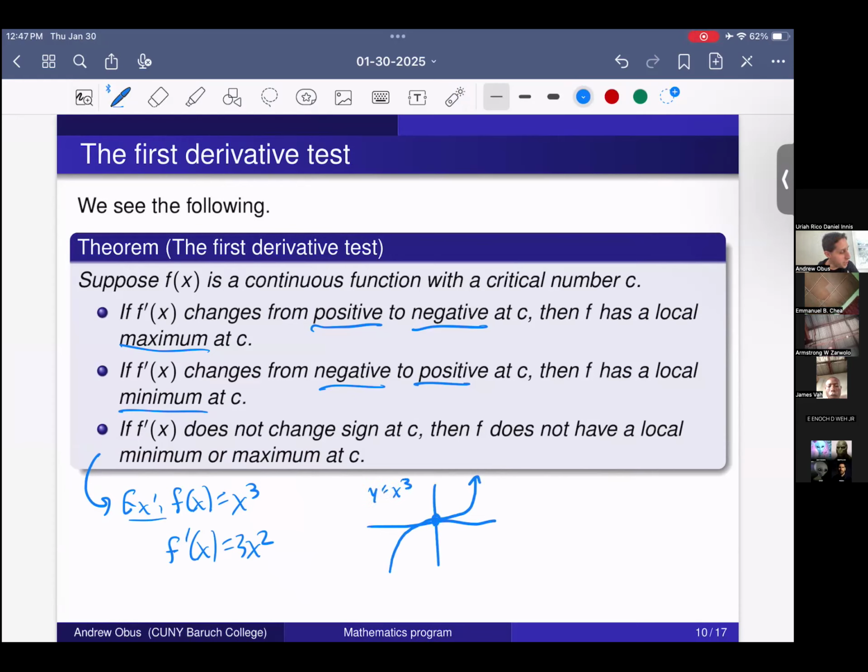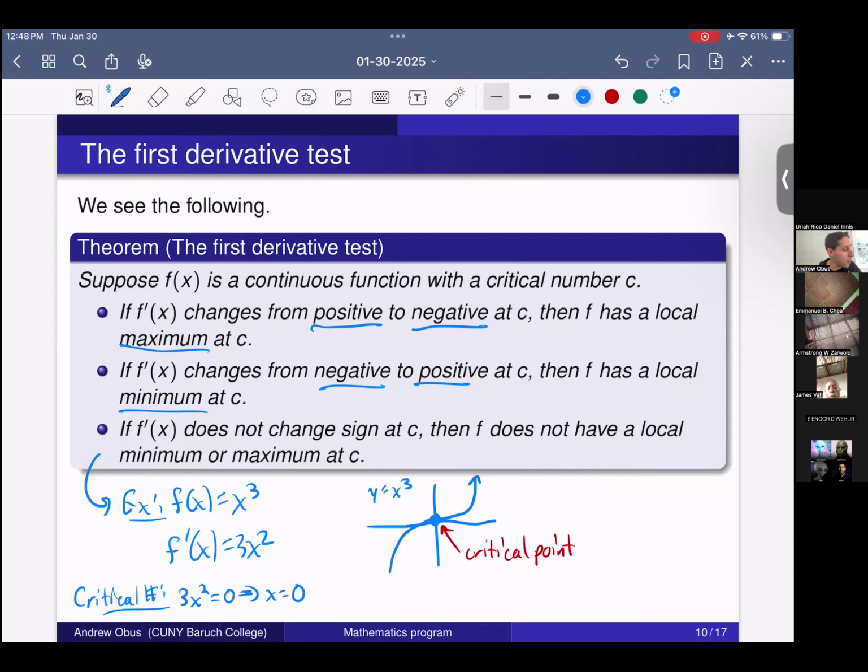And the critical number is the solution to 3x squared equals 0, setting the derivative equal to 0, and that's the same thing as x equals 0. So this x here is a critical point, or a critical number, but it's neither a local minimum nor a local maximum, right? The function starts here increasing, and then it keeps on increasing.